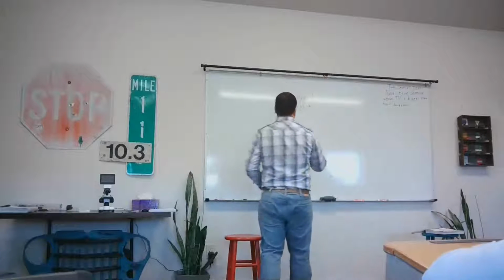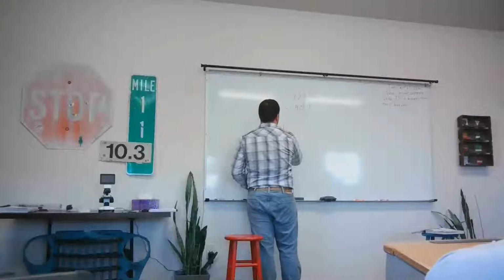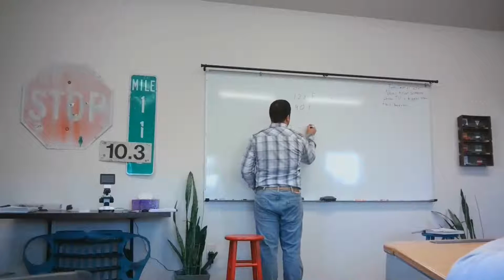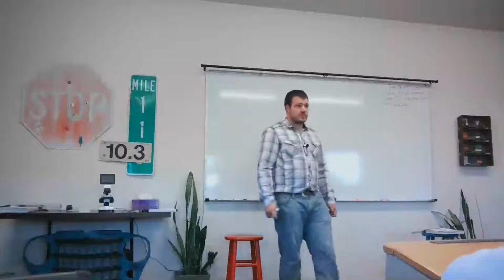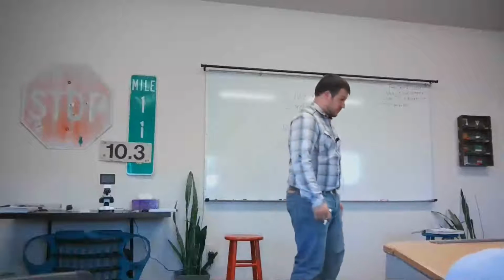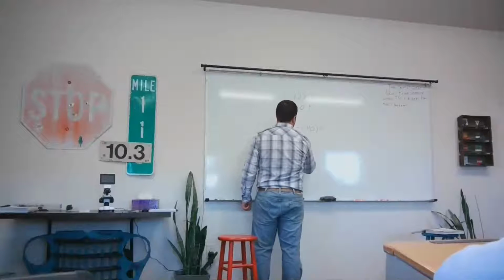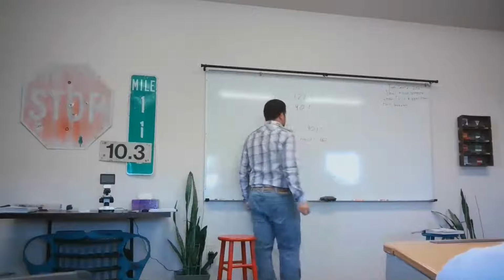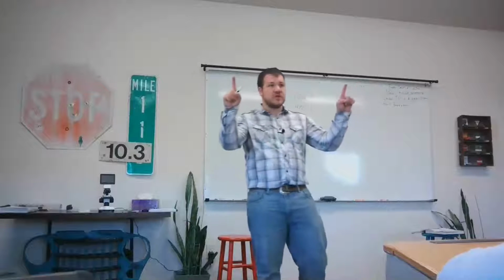So what we have is positive 122 minus negative 40. So 122 plus 40 equals 162. So that's the difference between those two numbers. That's the range between it.